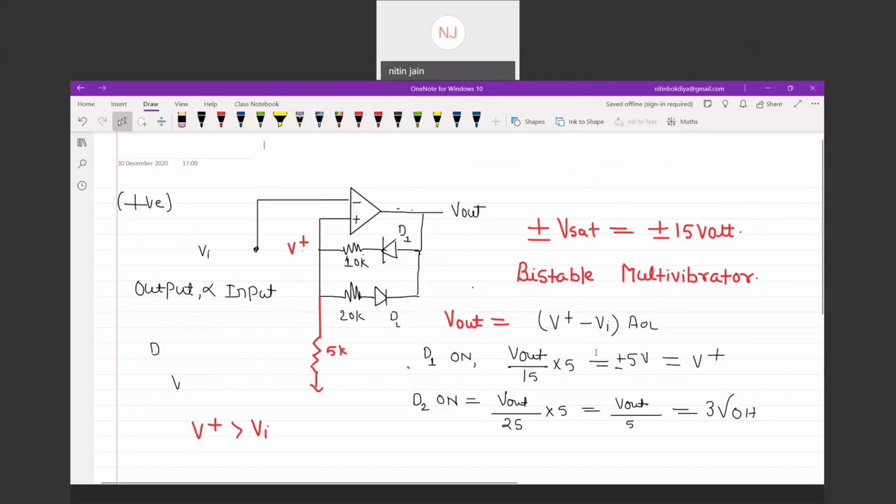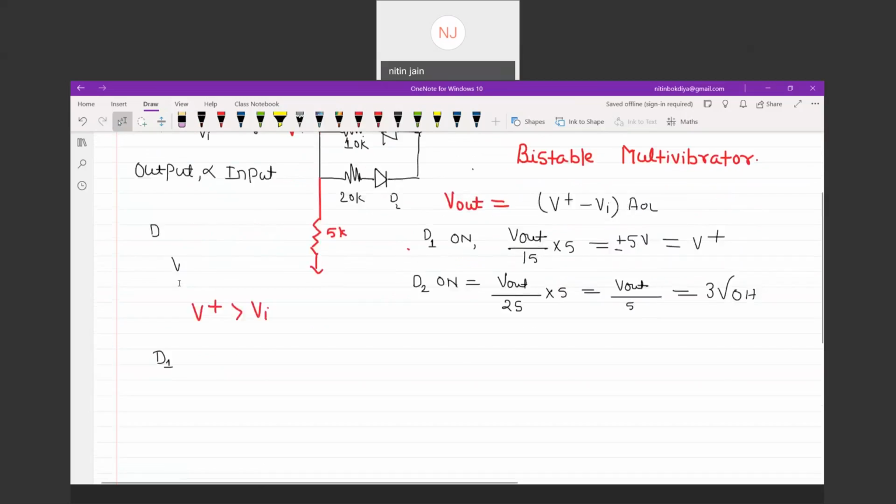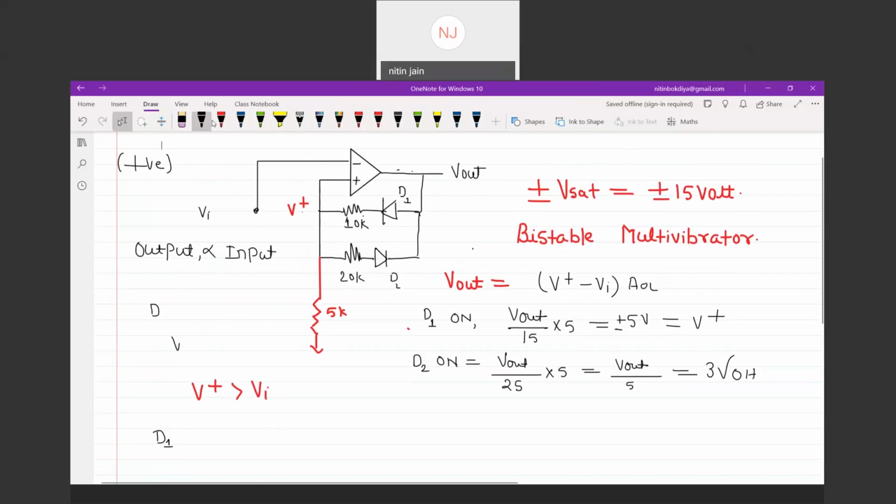When the input is greater than 5 volts, let's say D1 is on. What is the circuit in case D1 is on? You can apply an open circuit test. So this is VP1, this is VN1, this is VN2, this is VP2. So this is a negative value, because Vi is negative.